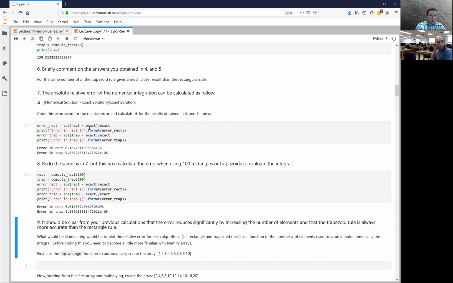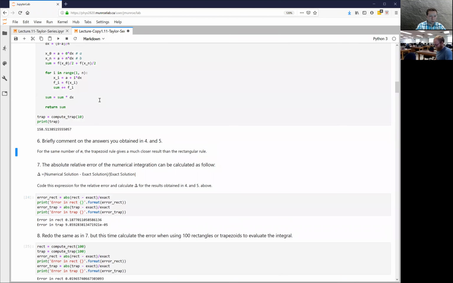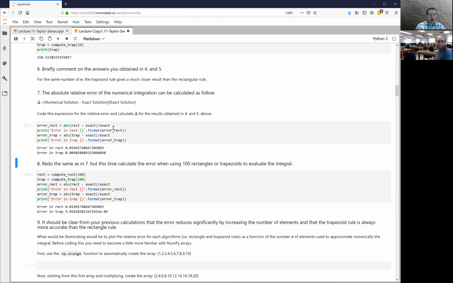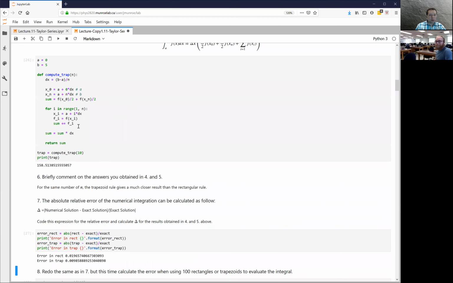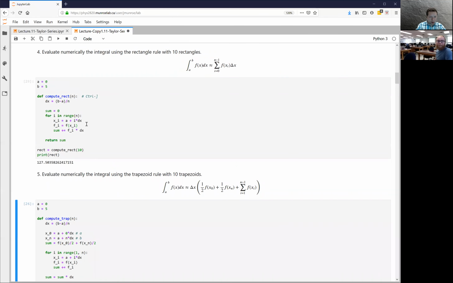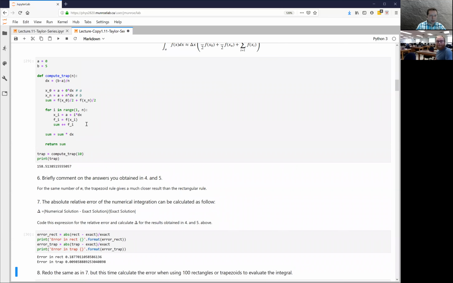So the rectangular rule with 100 rectangles, the error goes down to 2%, which is better than 19%. The trapezoid rule went down from an error. Okay, hold on, let me just run these cells in order. Okay.